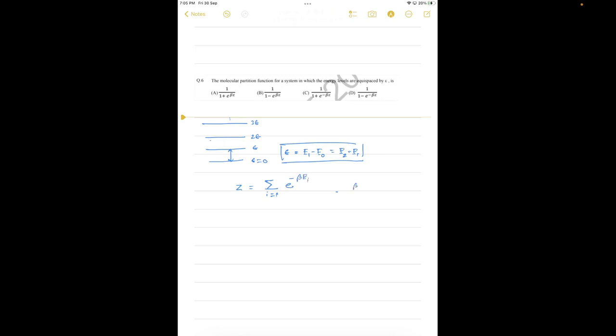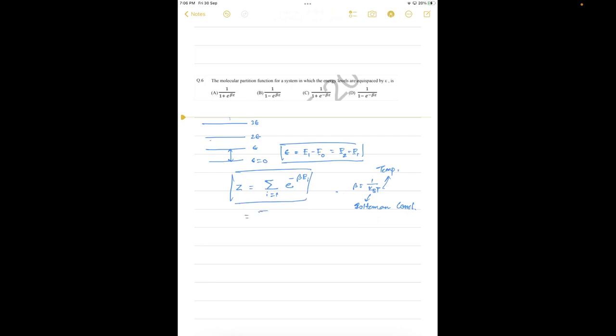Here beta is the inverse temperature, which is 1 upon kBT, where kB is the Boltzmann constant and T is the absolute temperature. So this is the expression for our partition function, and now we can put in the value of E_i.